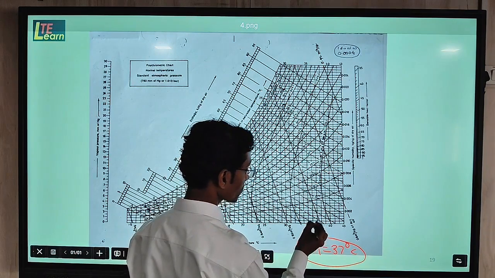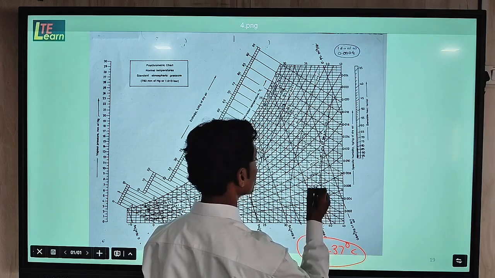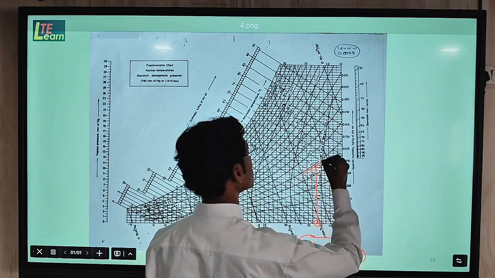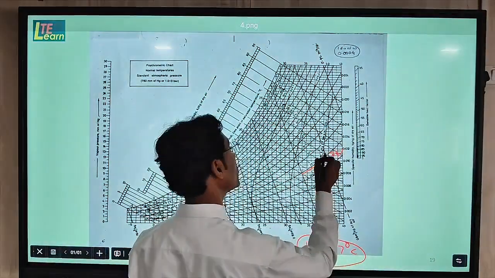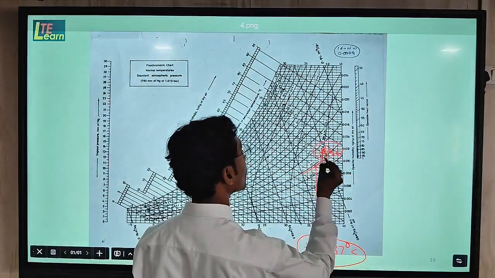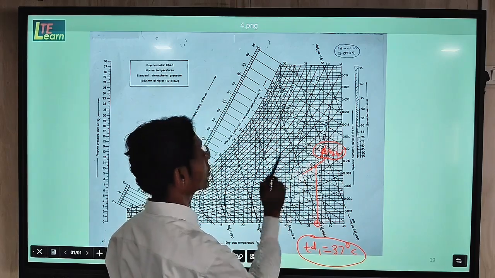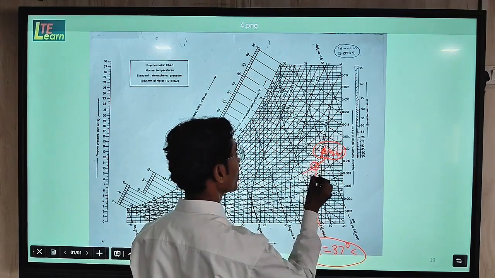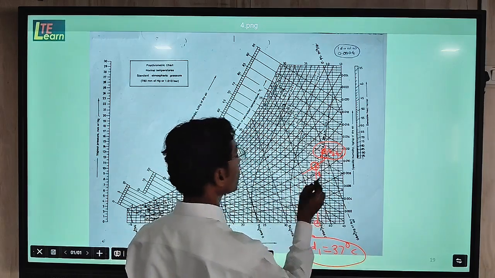From this, if we go in an upward fashion, vertically, to reach the 24% relative humidity line, that is phi 1, this line will be closer to the 25% relative humidity line. Here we get this intersection point, point number 1. So point number 1 we have obtained.